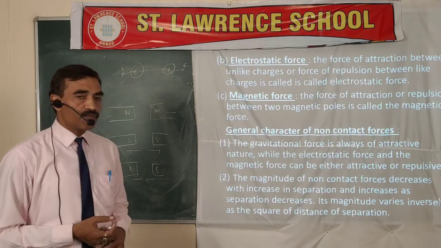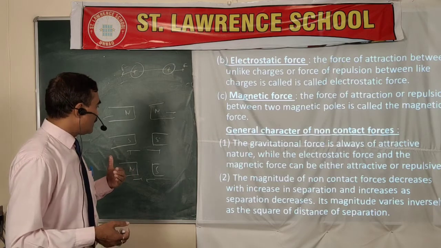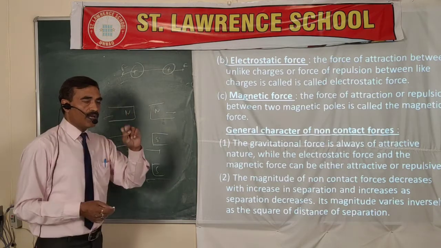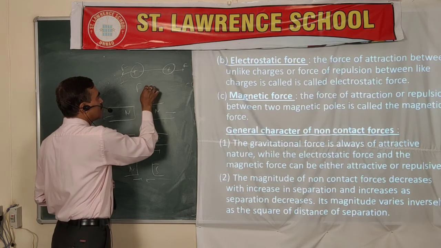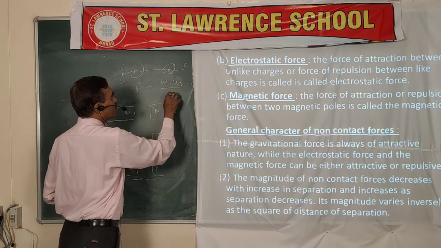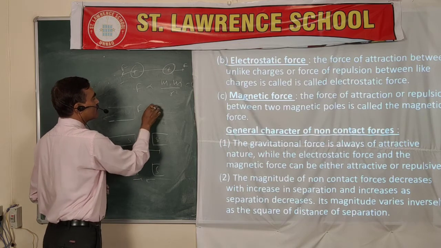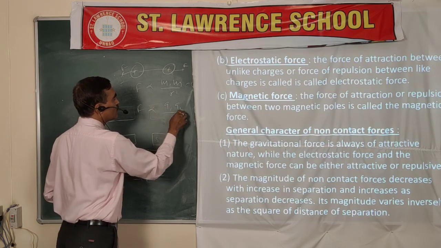Secondly, the magnitude of non-contact forces. I have given two formulas: for the gravitational force, F is directly proportional to m1 m2 upon r square, and similarly for electrostatic forces, q1 q2 upon r square.